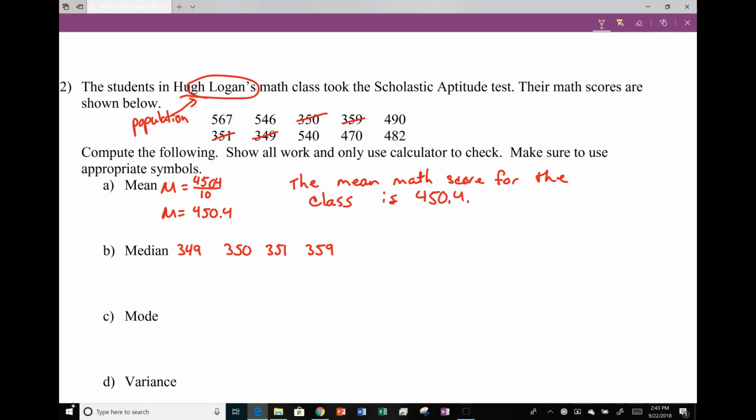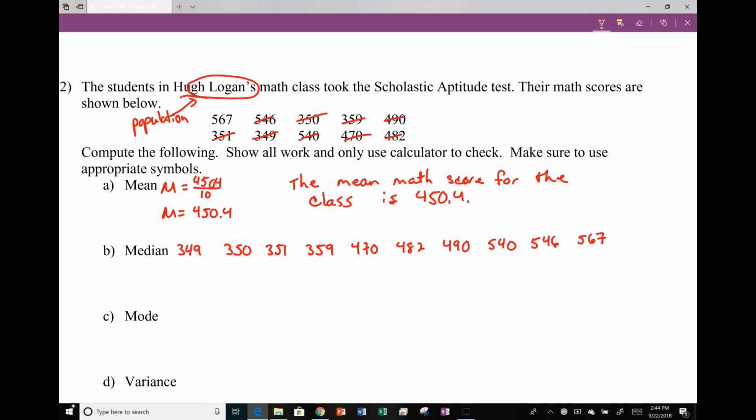There is a 470. There's a 482. There's a 490. There's a 540. There's a 546. And there's a 567.